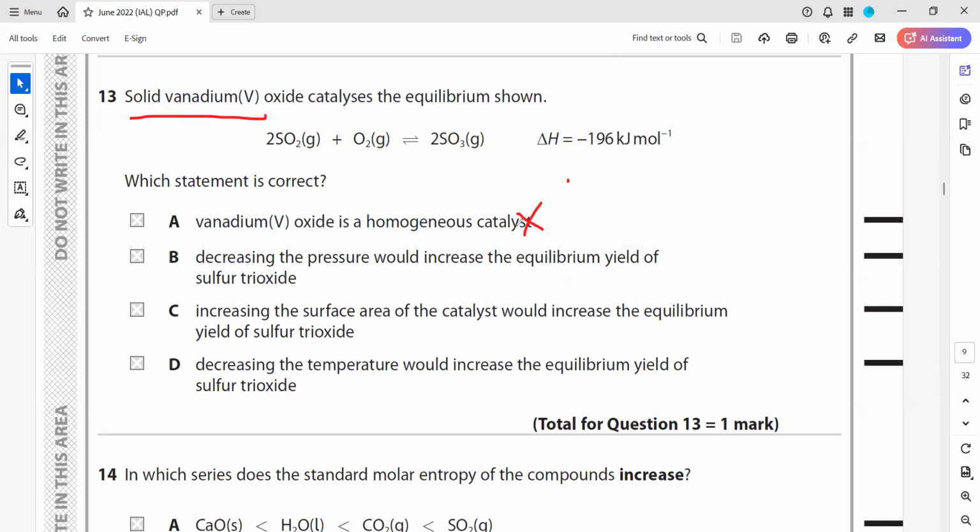Decreasing the pressure would increase the equilibrium yield of sulfur trioxide? If I decrease the pressure, the equilibrium will shift toward the left-hand side, so it will decrease the yield, not increase.